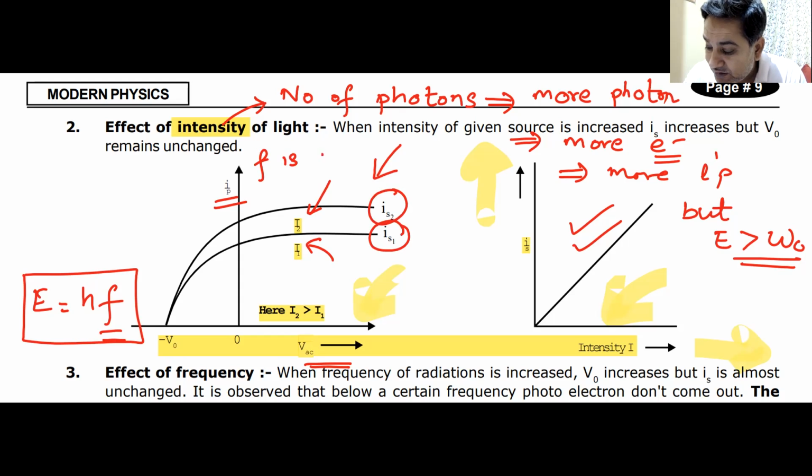So if I have more intensity, you will have more current, you will have more saturation current, and therefore the diagram is like this. Do we understand the left hand side diagram? Do we understand the right hand side diagram? Congratulations, you have done almost 2/3 of this chapter by understanding these two diagrams.